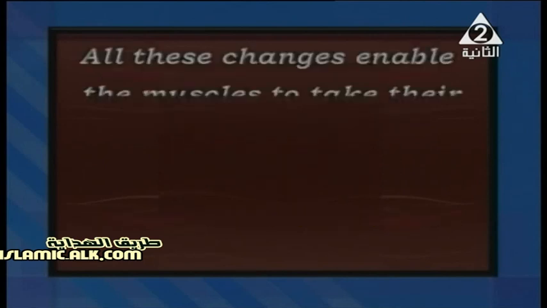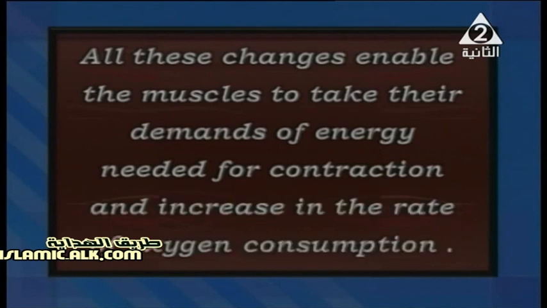All of these changes enable the muscle to meet its demands of energy needed for contraction and increase the rate of oxygen consumption, or burning of oxygen, inside the muscles or inside the cells.